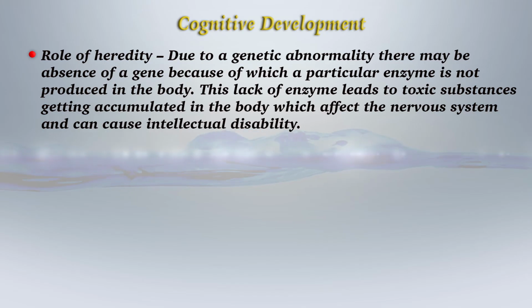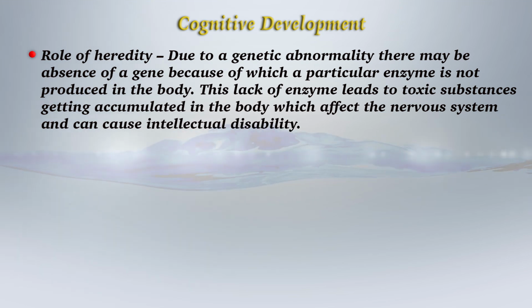Let us now understand how these factors influence cognitive development. Let us see how heredity can affect cognitive development. There is a particular type of genetic abnormality where, because of the absence of a particular gene, a particular enzyme is not produced in the body.